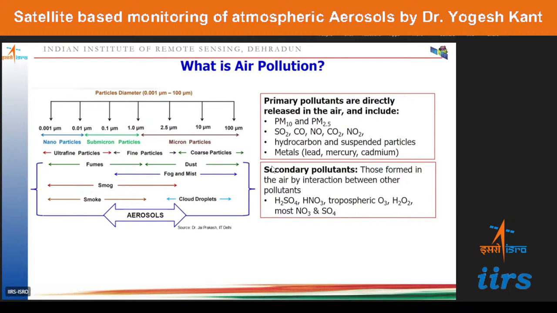Now aerosols are the particulates in the gaseous medium, and these primary pollutants consist of particulate matter whose sizes are less than 10 micron in diameter, and particulate matter whose diameter is less than 2.5. So these are the fine mode particles, and these are the coarse mode particles.